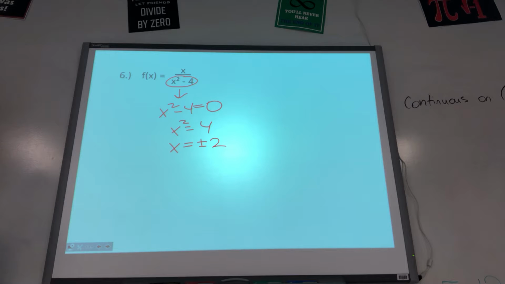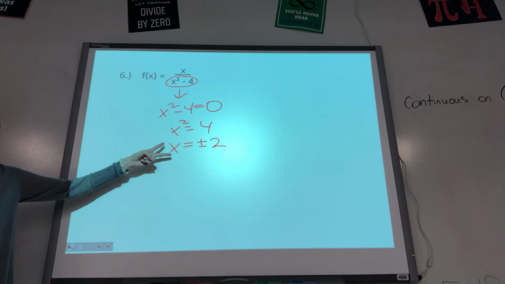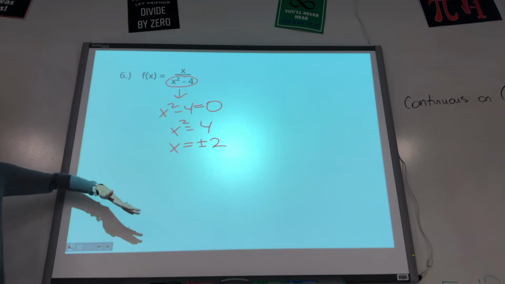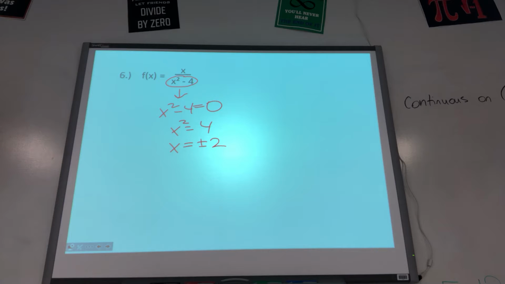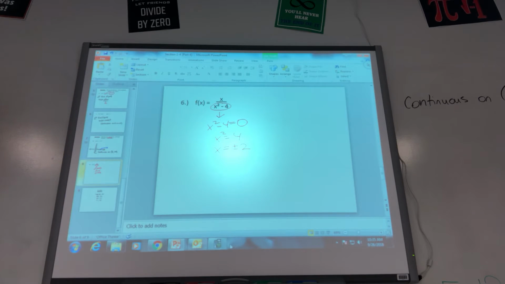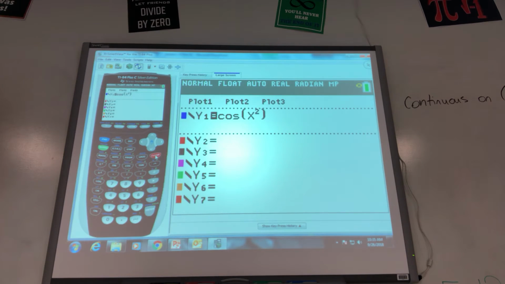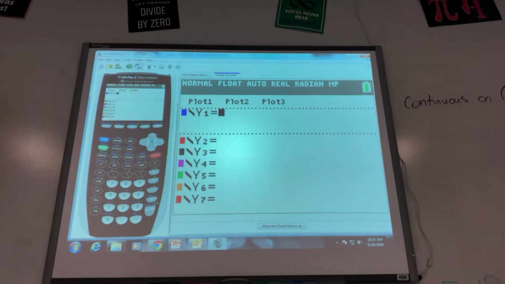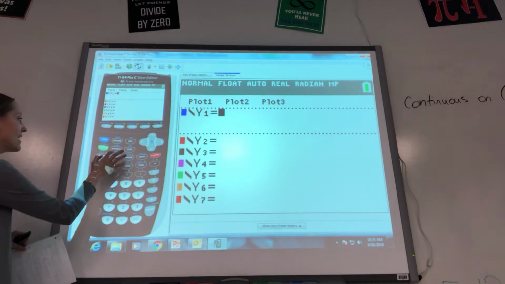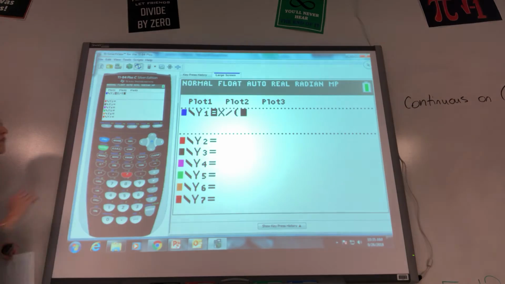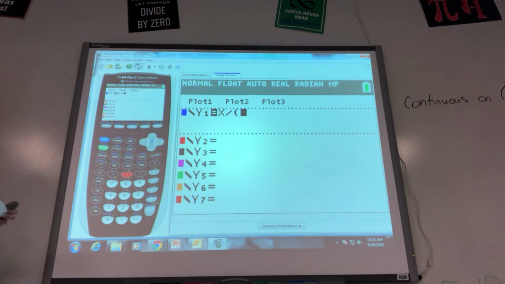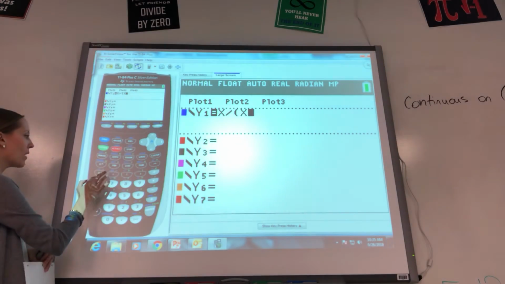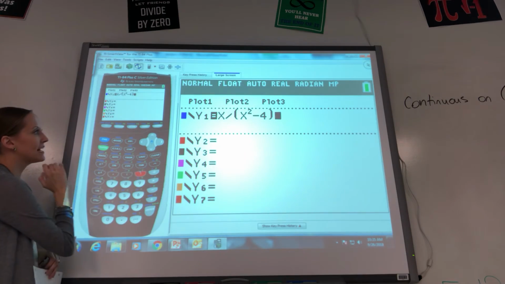Now, since we're not trying to classify them as removable or non-removable, you might be able to just kind of take this and write out your intervals, but sometimes it does make a little bit more sense if you see it on a graph. So I'm going to still graph this anyway. I've got x divided by parentheses x squared minus 4.